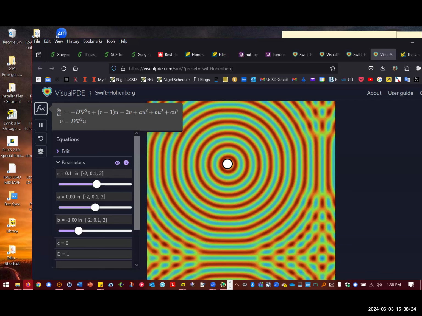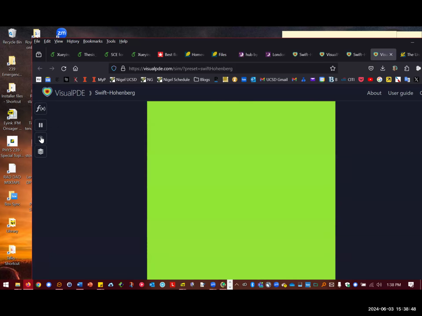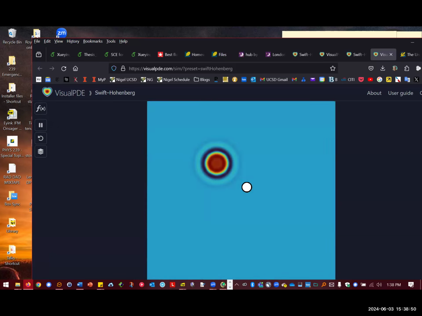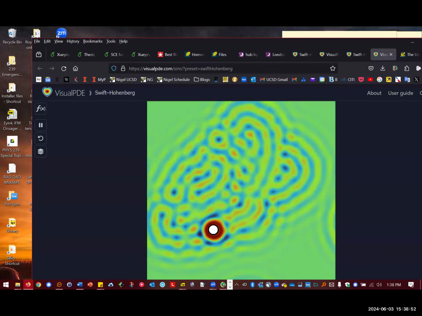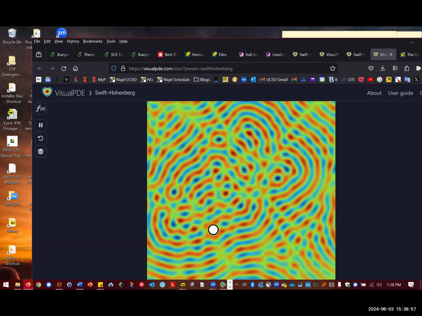So this R is the R. This one should be set equal to 0 for now. This B is equal to -1 and set C equal to 0. So this is solving the differential equation that we talked about. Let me show you how this thing works. It's a kind of cool website. So you just do this, and then you can just watch the pattern evolve.